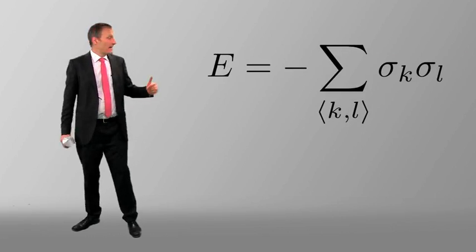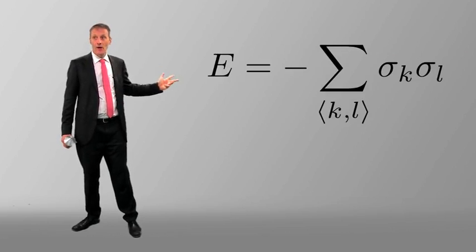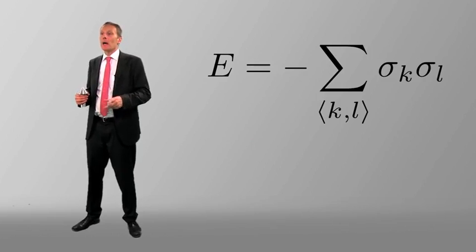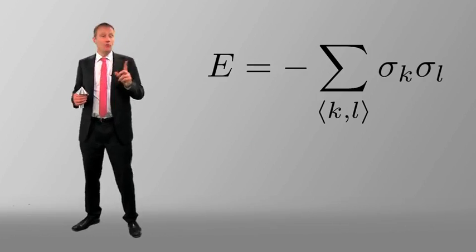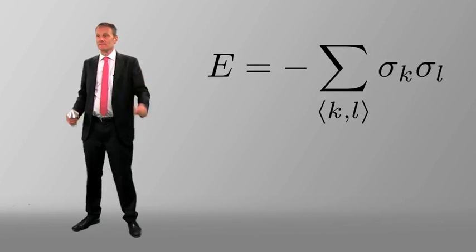This gives an energy of each configuration like this, where the sum is over all pairs. But attention, we count each pair only once.